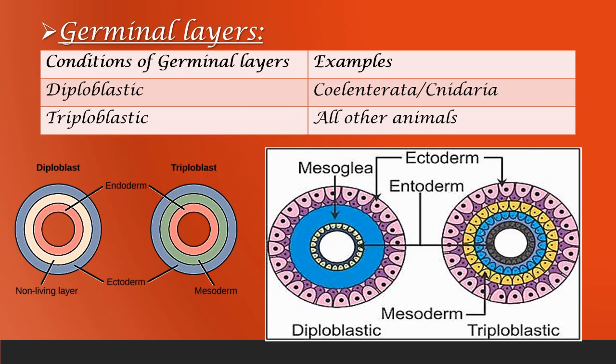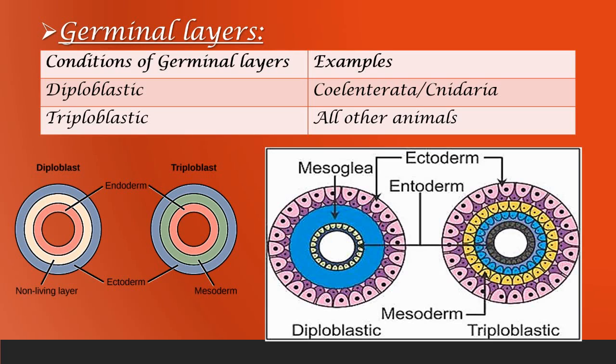Now let's learn about the germinal layers. Now students, during the initial embryonic period of any multicellular animal, there is formation of germinal layers or germ layers. These germ layers give rise to new tissues in the developing animal, and the primitive animals have only two germ layers called ectoderm and endoderm.